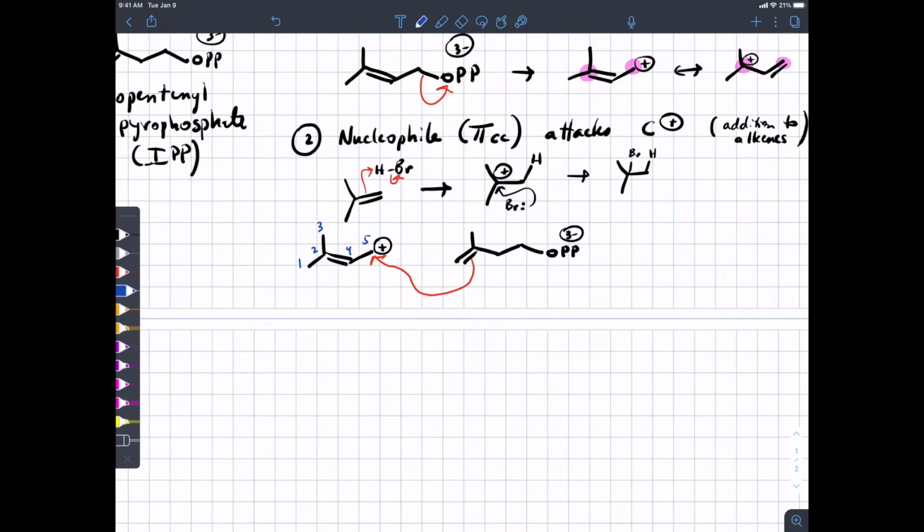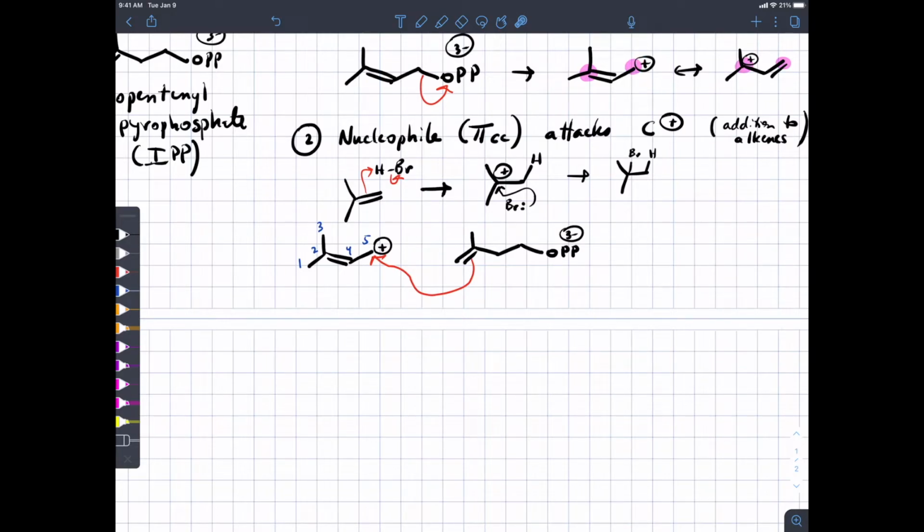Now, at this stage, I usually get a question, why doesn't the pi electron attack at the tertiary carbon? Isn't there going to be more of the positive charge on that tertiary carbon than on the primary carbon? And the real answer is, I don't really know. You could calculate how much of the positive charge was on either of those carbons.